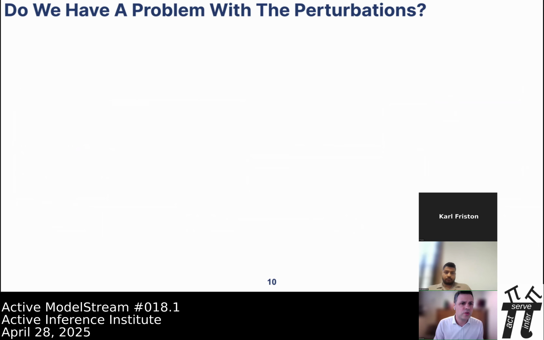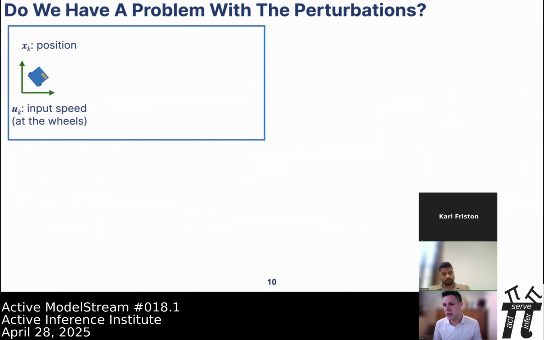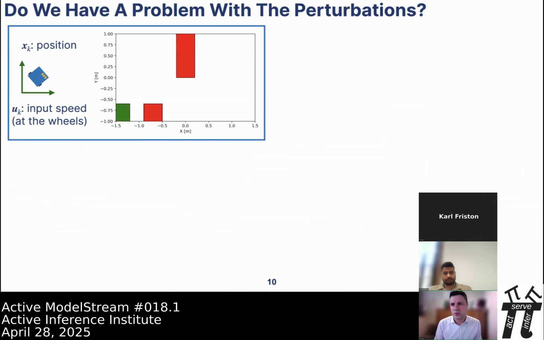The Robotarium uses a rover, a unicycle robot, where xk, the state, is the position of the robot, and uk are the input speeds at the wheels.